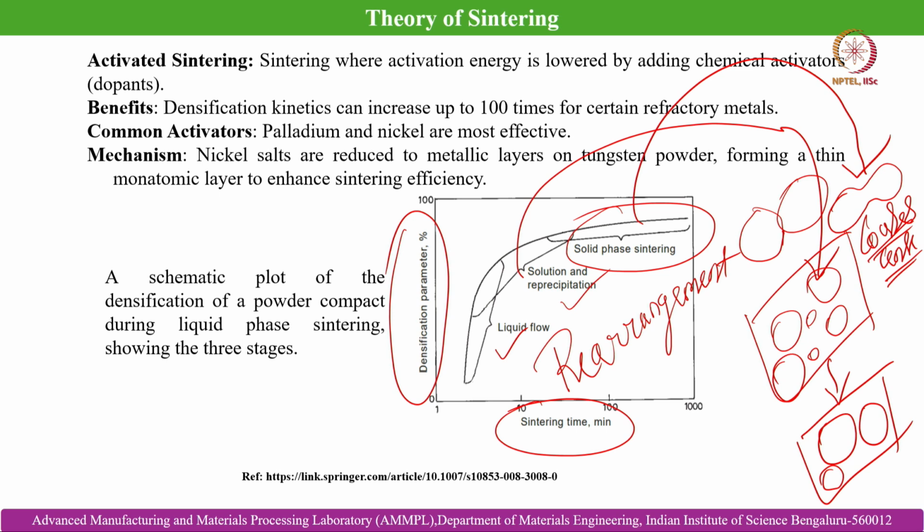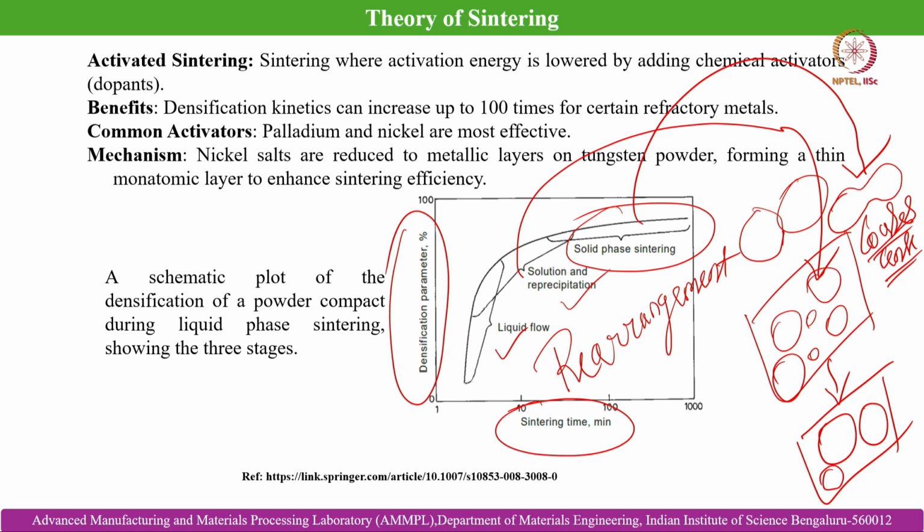Activated sintering, liquid phase sintering: sintering where activation energy is lowered by adding chemical activators or dopants, which are responsible for generation of this liquid phase, which is enhancing or fast tracking the diffusion kinetics. Hence we can get higher density in the sintered parts.